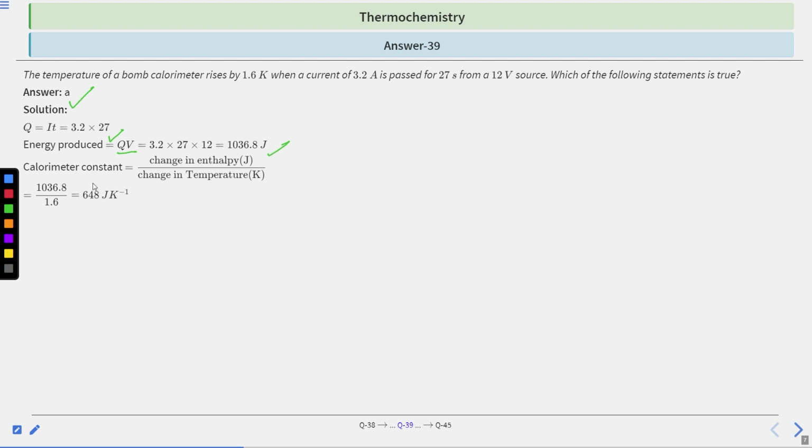Okay. So calorimeter constant is given by change in enthalpy in joule divided by change in temperature in Kelvin. And on putting the values, we have calorimeter constant equal to 648 joule Kelvin inverse. Hence, option A is the correct answer. Okay, let's move to the next question.